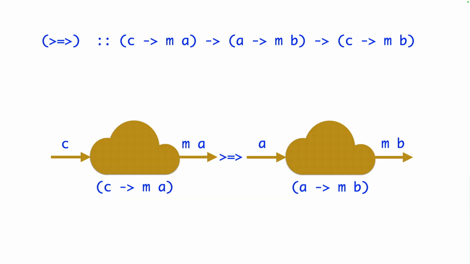And so putting those two functions together, we get a function from C to M of B. So if we think of a function from something to a monad type M, then this is the generalized way that we do function composition. So it's composing side effecting functions together using this operator.